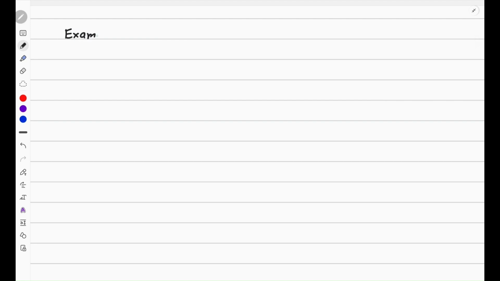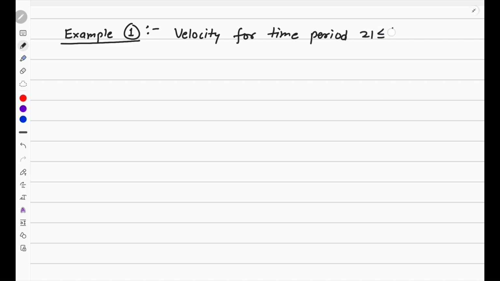This is example 1. We are given the velocity for the time period 21 less than t less than 30, which is 1436 meter per second at 21 and 4186.7 meter per second at 30 seconds.